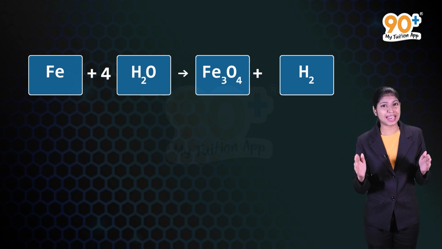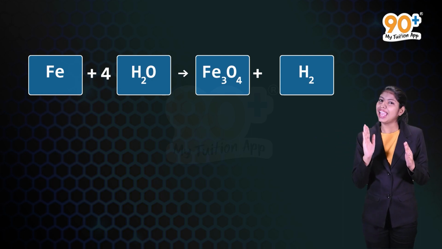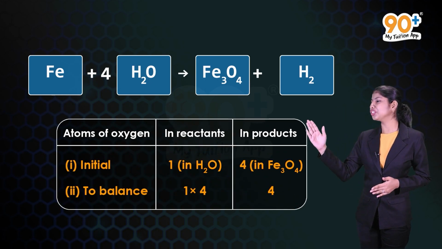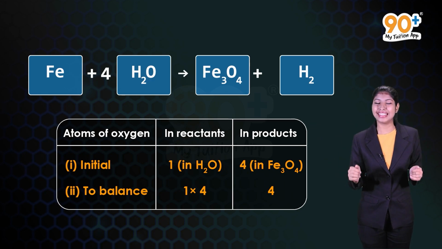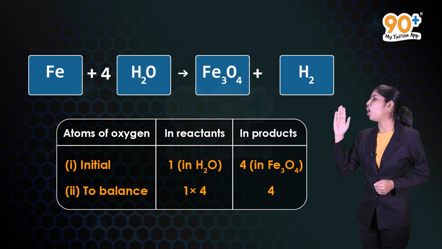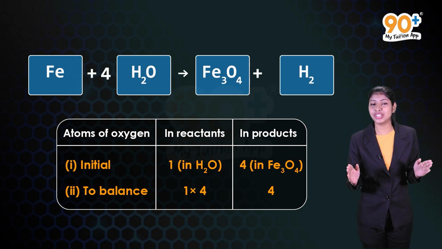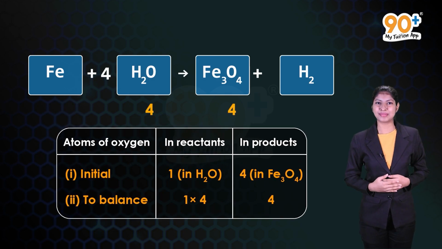So the partially balanced equation becomes Fe plus 4H2O gives Fe3O4 plus H2. Now we have 8 hydrogen atoms and 4 oxygen atoms on the left hand side. Now the oxygen atoms are balanced because both LHS and RHS contain 4 oxygen atoms.